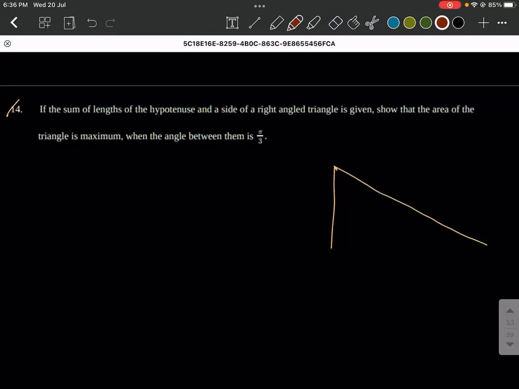So you have the sum of the lengths of the hypotenuse and a side. Okay, I'll take the hypotenuse as y for the time being.